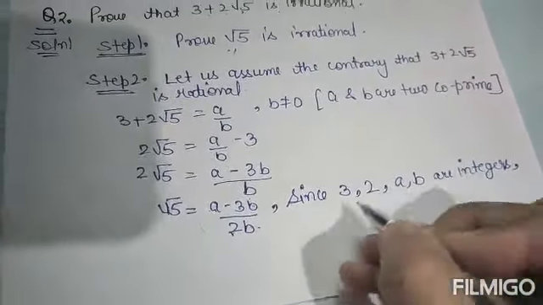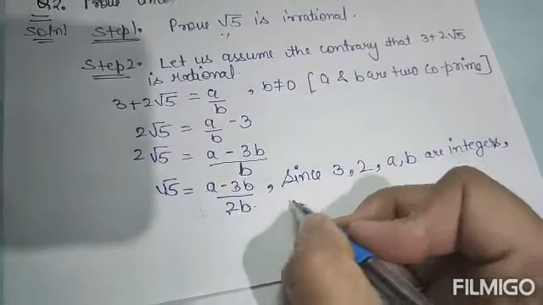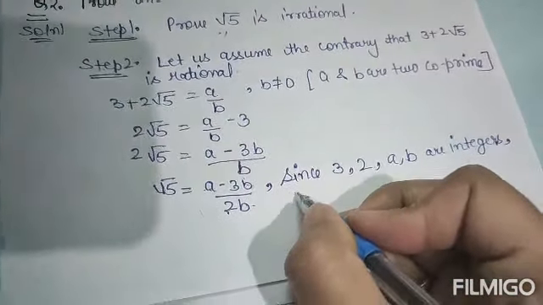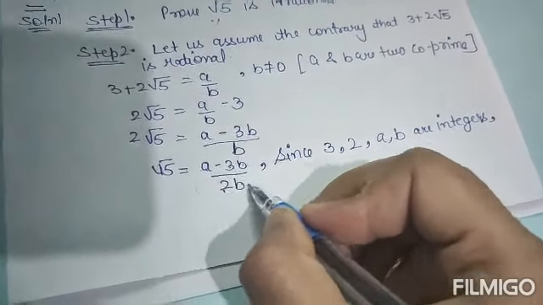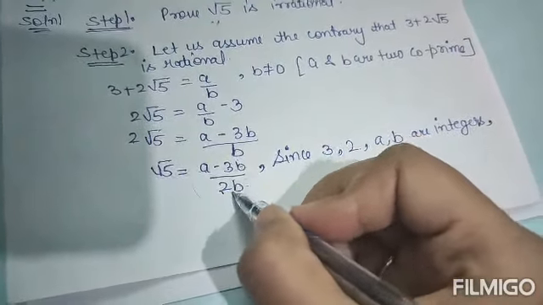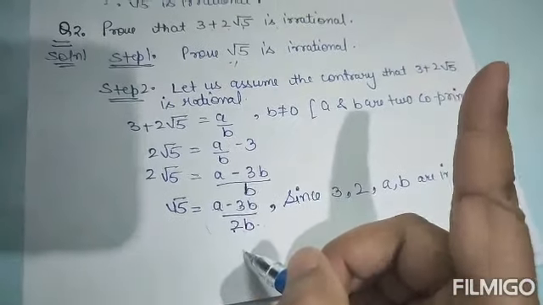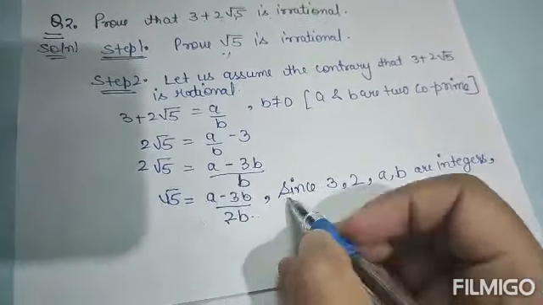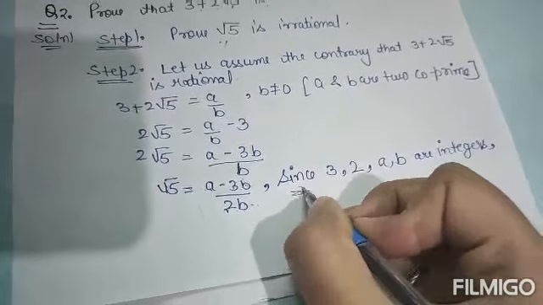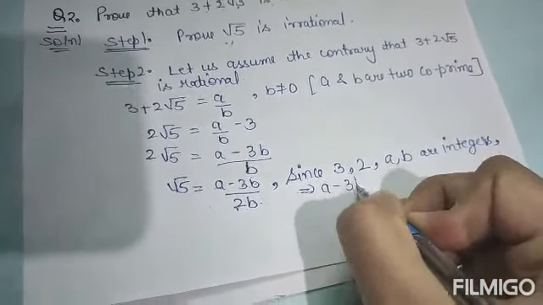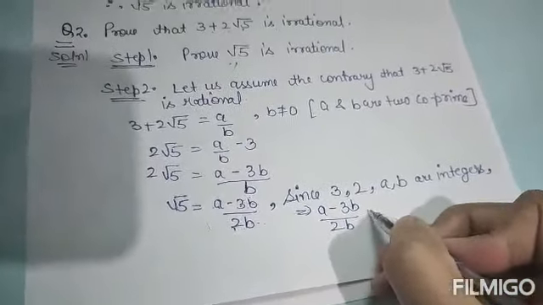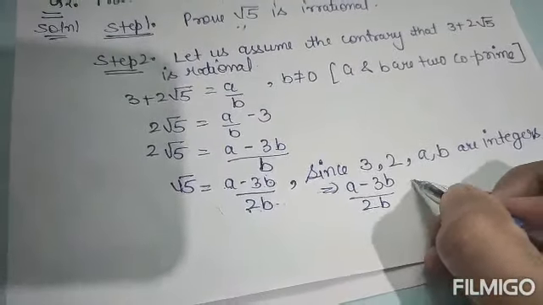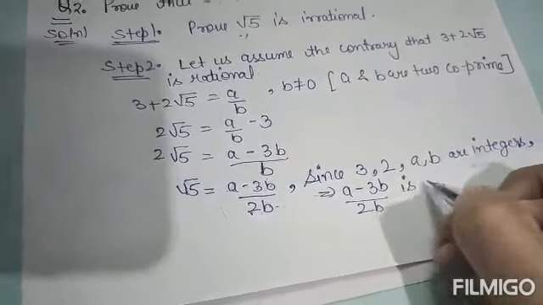That means integer divided by integer is a rational number. I have already told you. This implies a minus 3b divided by 2b is a rational.